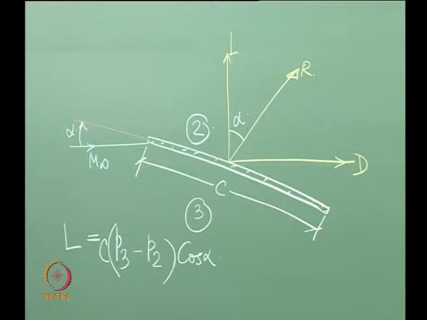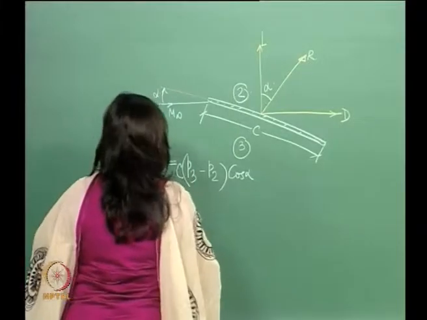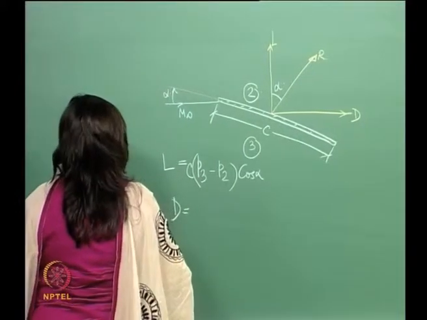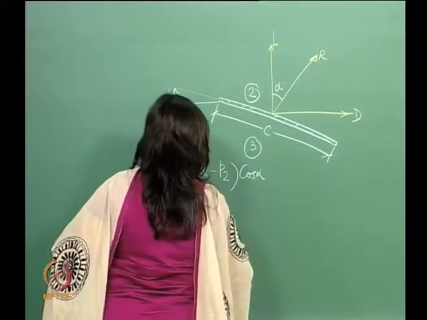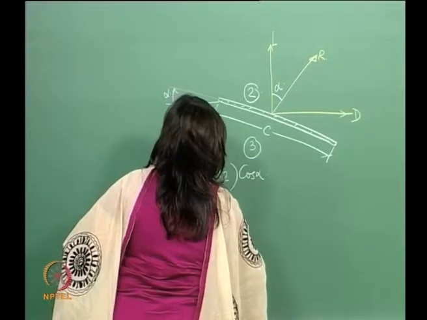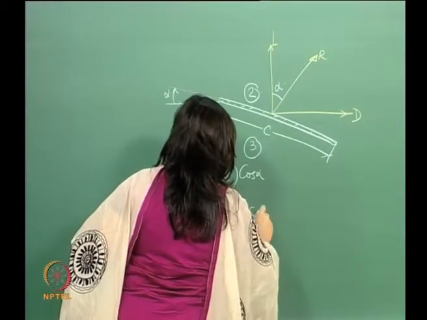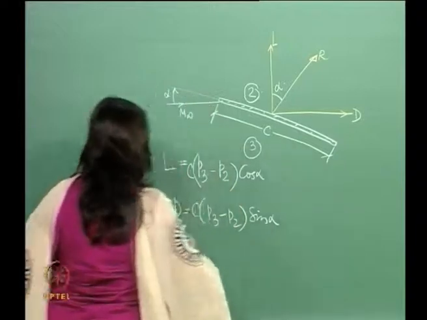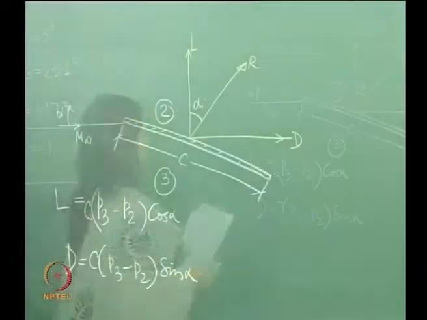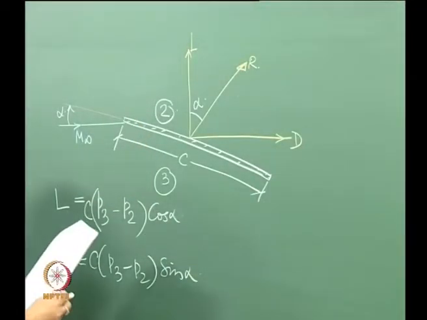Then the drag, of course, is in the other direction, right. So, again (P 3 minus P 2) sin alpha times C, that is all. Okay. So, now again let us write this down.